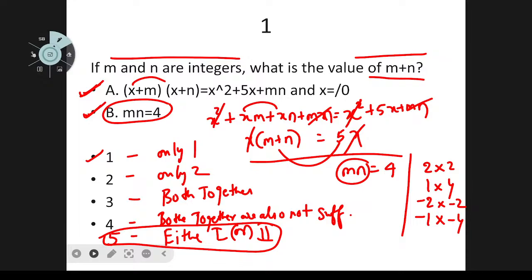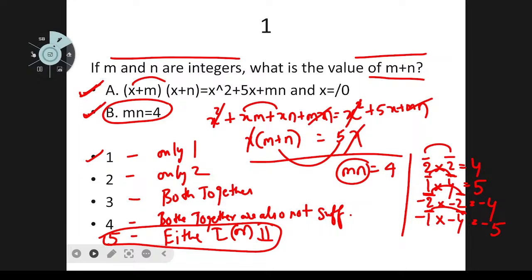So if this is m and this is n, then m plus n, 2 plus 2 is equal to 4. 1 plus 4 is equal to 5. Minus 2 plus minus 2 will be equal to minus 4. And minus 1 plus minus 4 is equal to minus 5.